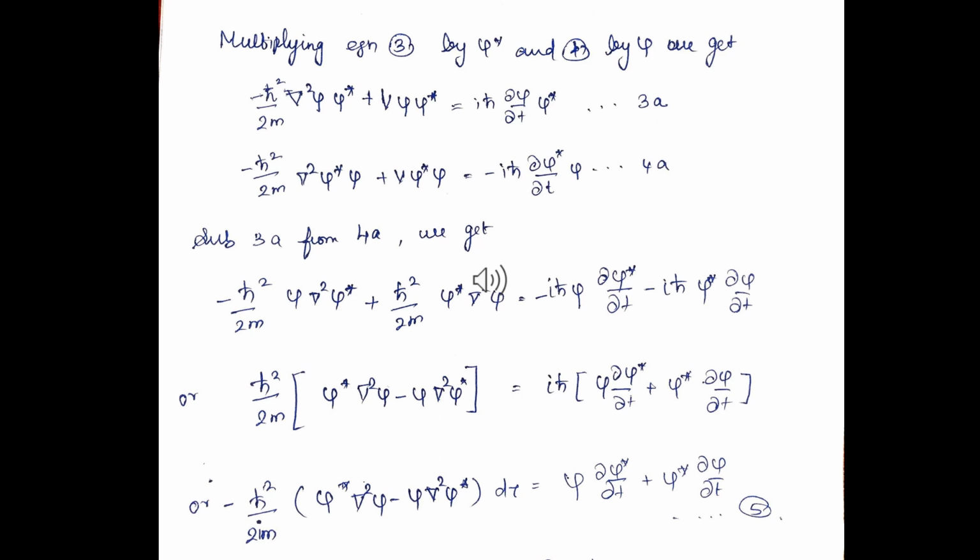Now subtracting equation 3a from 4a, we get minus h cross square by 2m psi del square psi star plus h cross square by 2m psi star del square psi equal to minus i h cross psi dou psi star by dou t minus i h cross psi star dou psi by dou t.